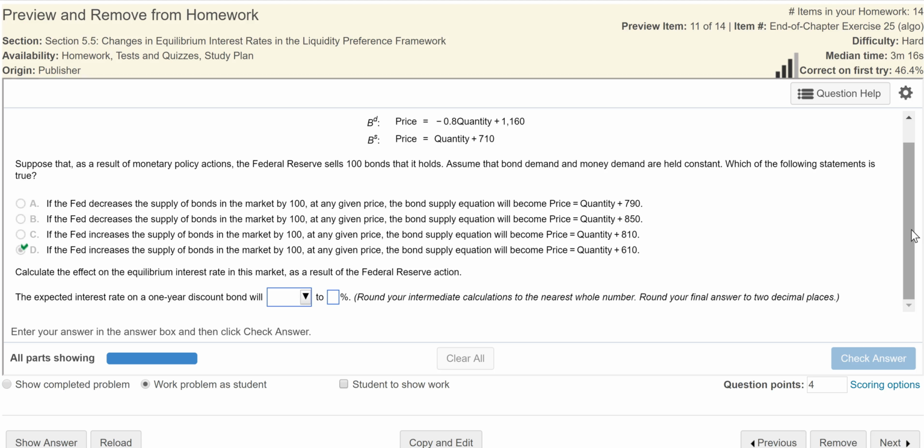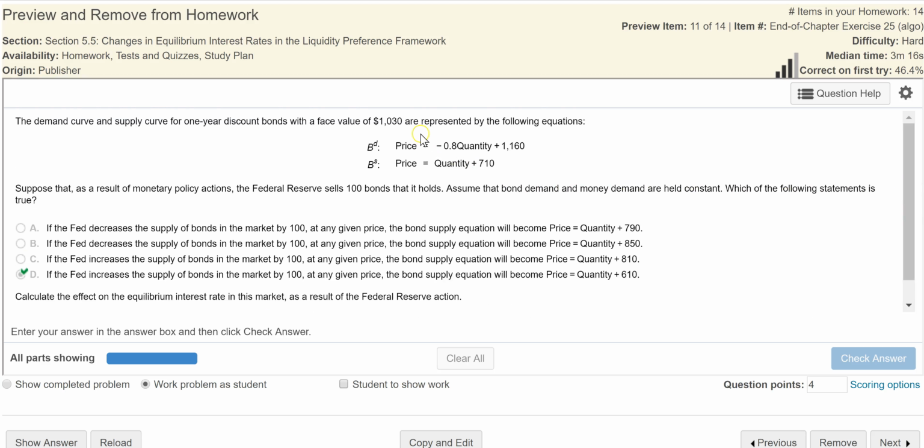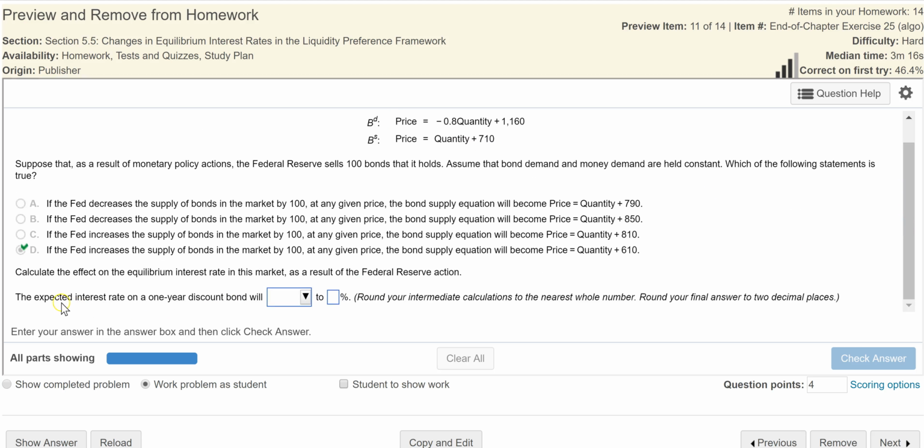Once you get the equilibrium price, calculate the return on this 1-year discount bond by following the same steps as we did there, and that return is the equilibrium interest rate. Then you can compare how much the expected interest rate on 1-year discount bonds will increase, decrease, or does not change to what. So for that reason, I just stop here.